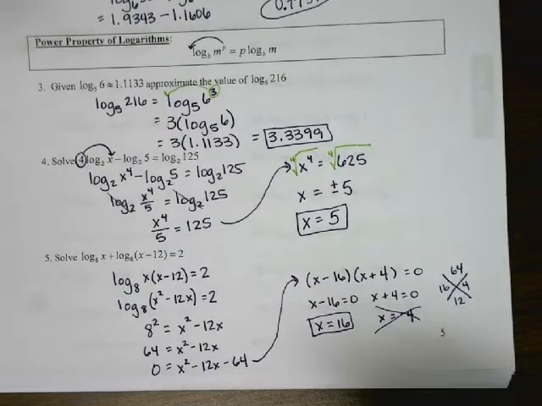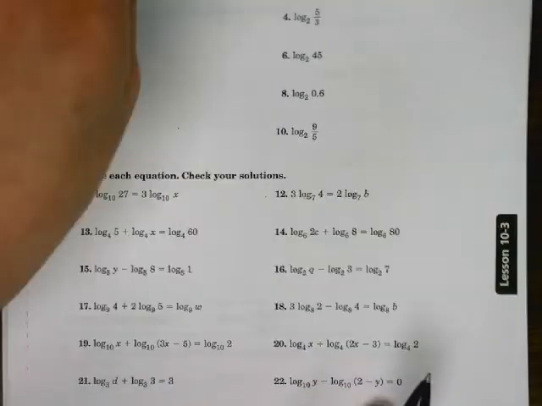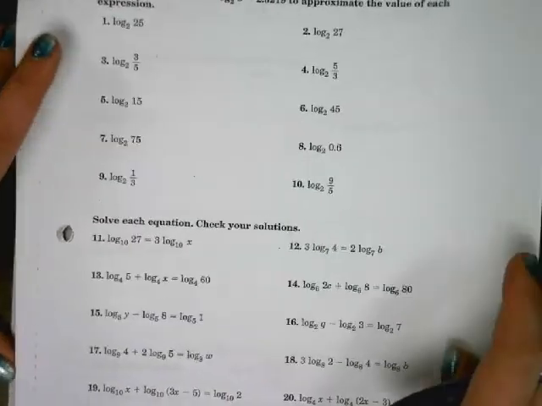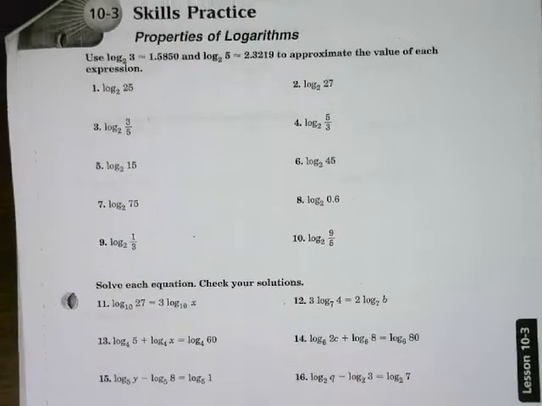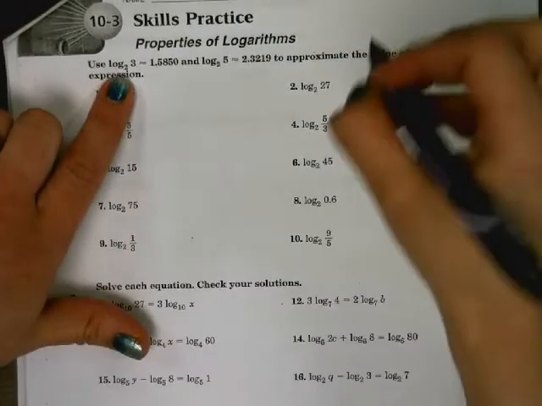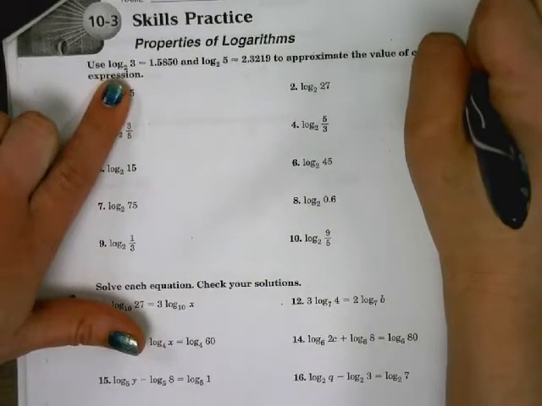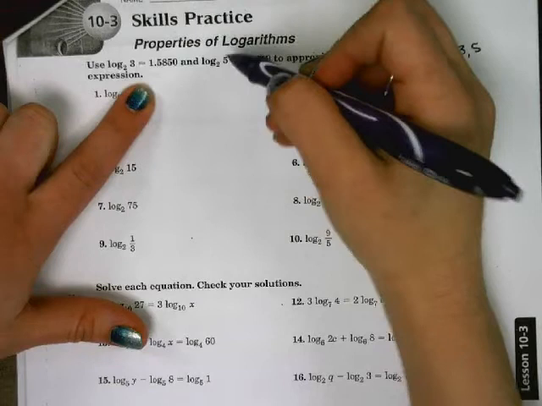Okay? All right. Let's turn the page and look at your homework. All right, so your homework is on 10-3. The first ones, you're going to get decimal answers. Okay? So you can use the numbers 2, 3, and 5. 2 is your base, 3, and then 5.